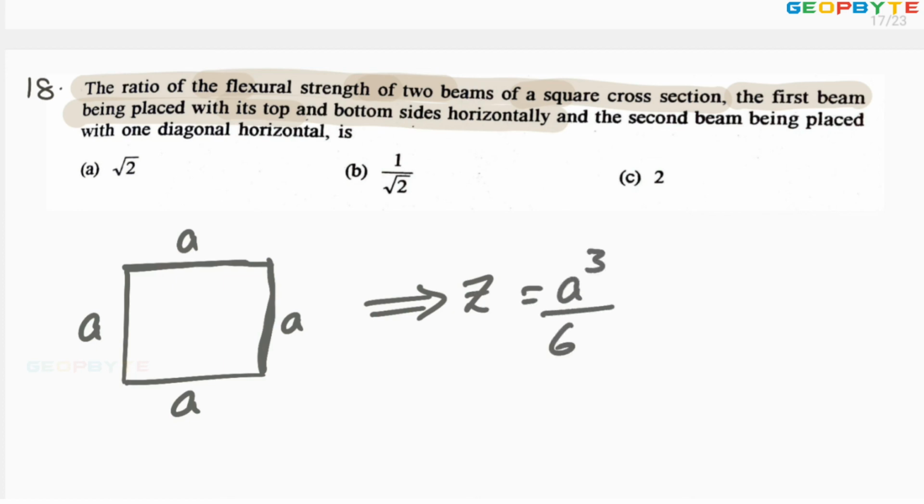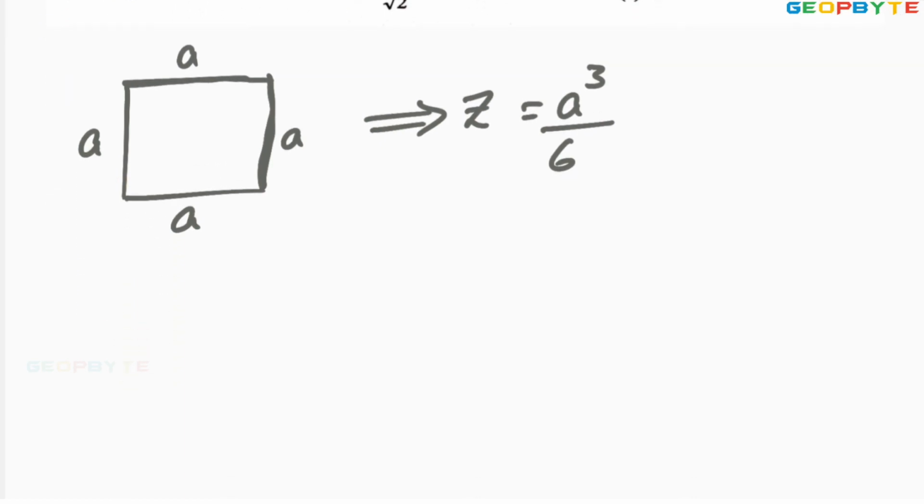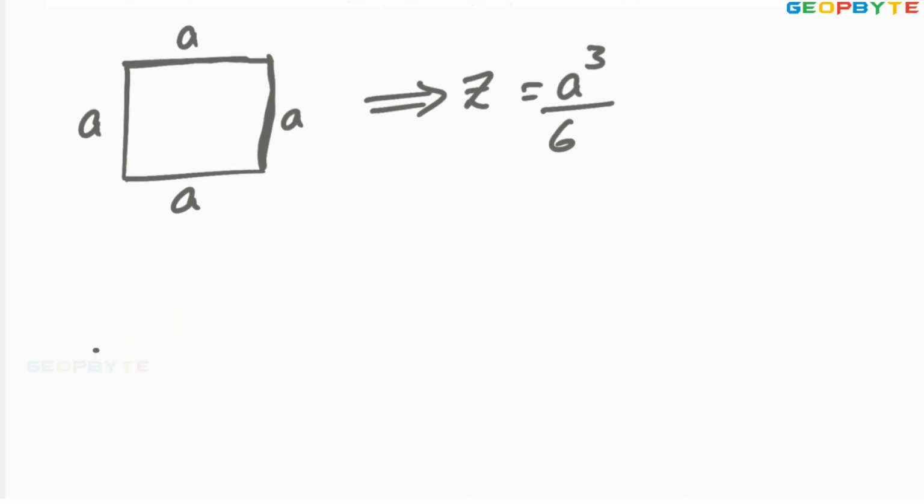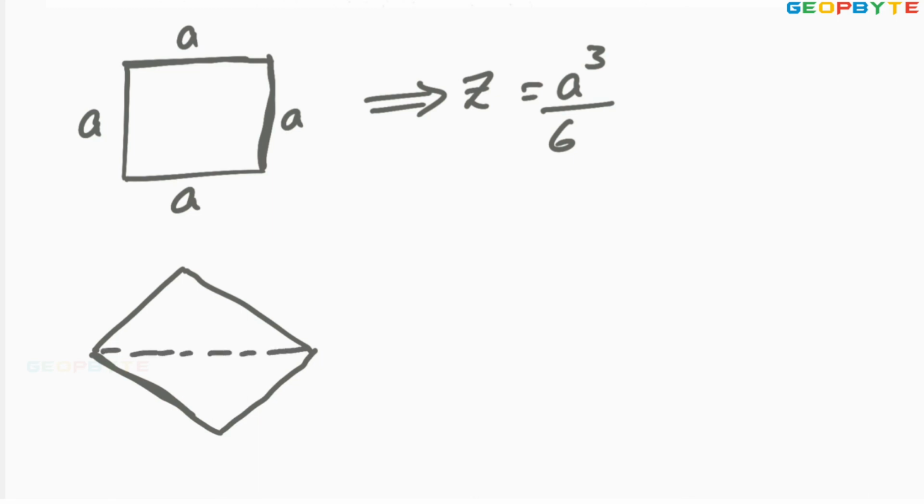The second beam is placed with one diagonal horizontal. In the second case, it is kept such that one diagonal is horizontal. Might be like this. This is the diagonal, horizontal.